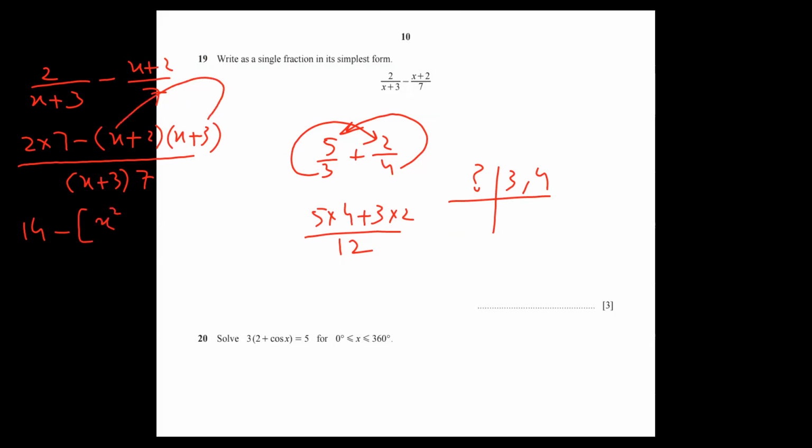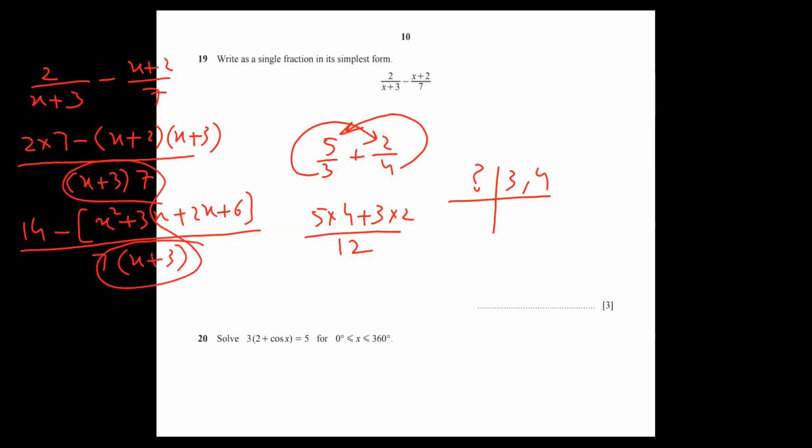X times 3, I get 3x. 2 times 2x, I get 2x. And 2 times 3 equals 6. And here in the down part you multiply or you don't multiply, no trouble at all. Changing the places in a product, no problem. Or you leave it as it is. Negative x squared, and these 3x plus 2x give you 5x.